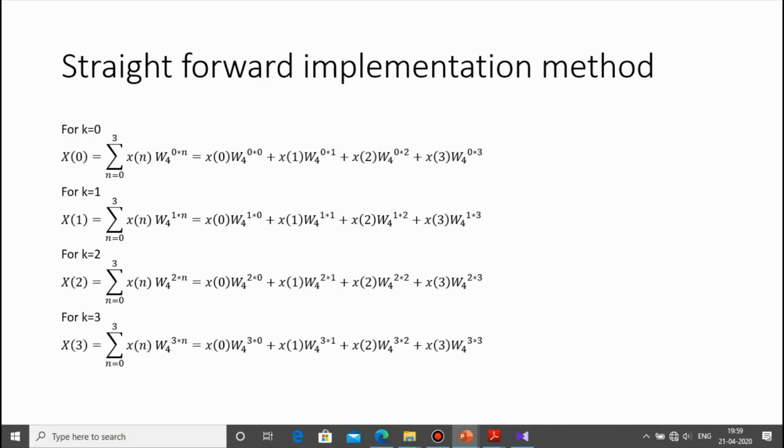Now, whatever the values of X[k], we just notice how many complex additions and complex multiplications there are.